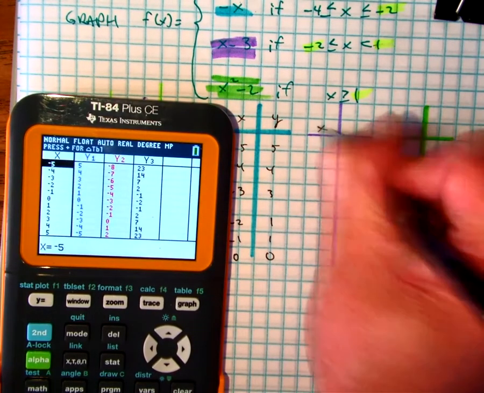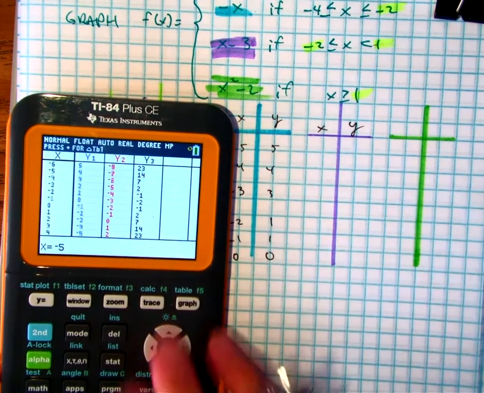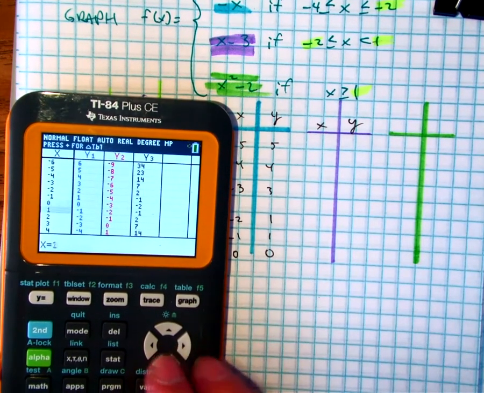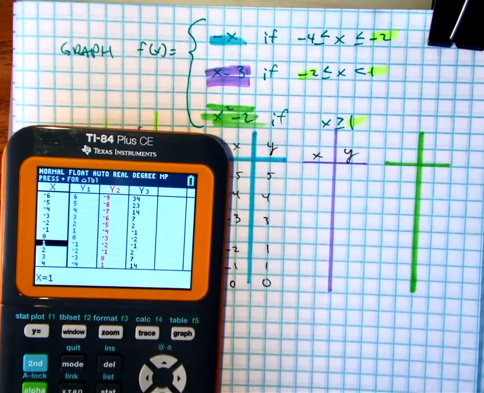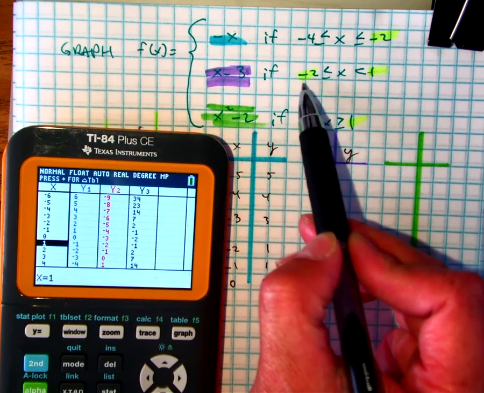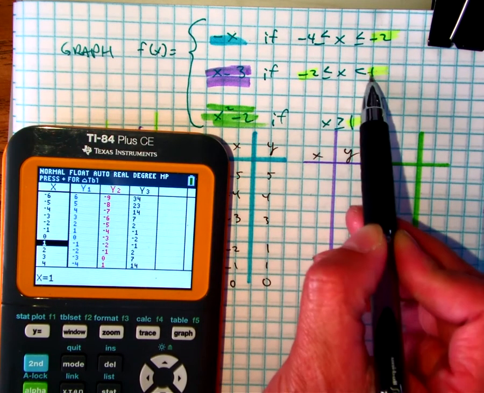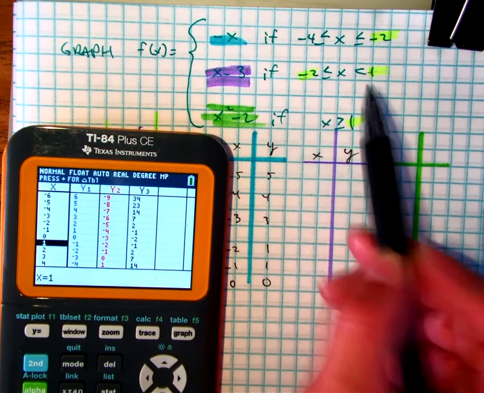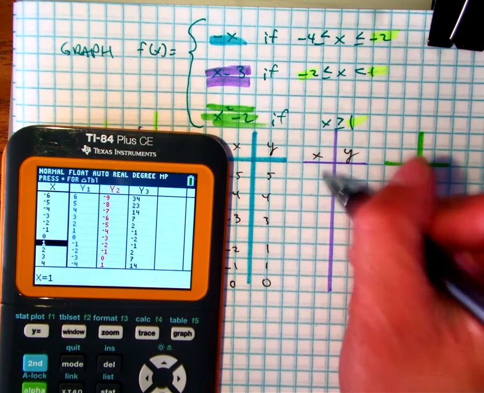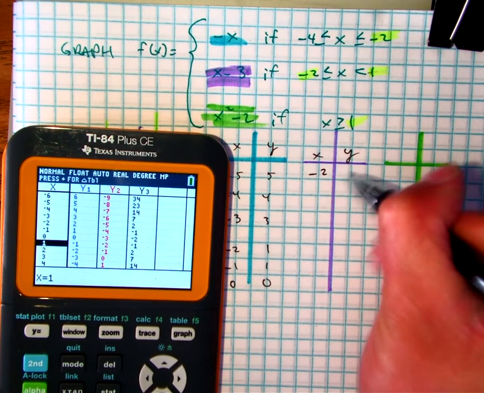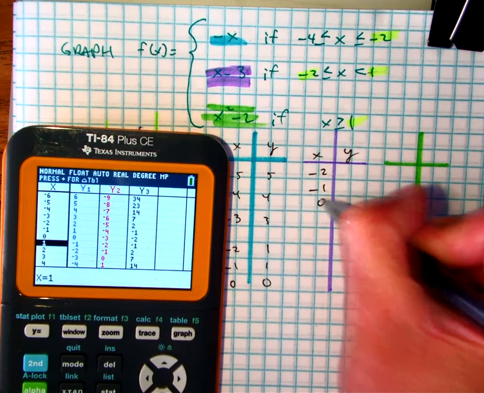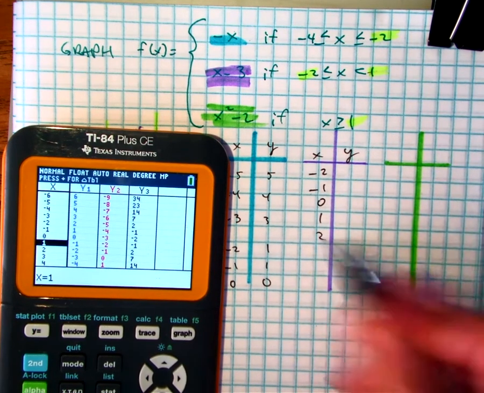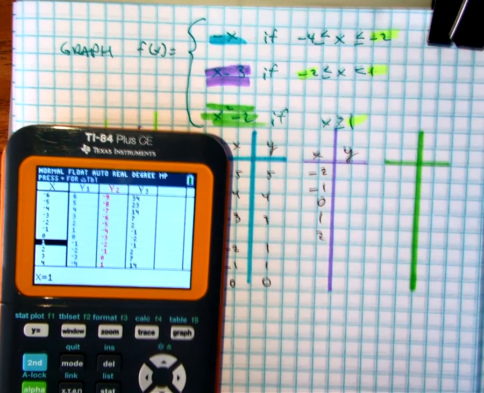For the second graph, that's here in my calculator in red. And you can even cheat a little bit. You'll recognize that my graph has to be between the numbers of -2 and 1. Do you see that? So you can just get the numbers between -2 and 1. And it's okay if you go a little bit more just to see what the pattern looks like.